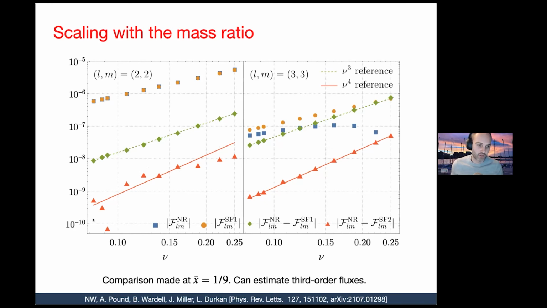But it looks like the residual scales approximately as you would expect. This is because of those small oscillations that are still present in numerical relativity simulations, and also because by subtracting off the first 2 self-force corrections, you're going down almost 3 orders of magnitude, and you're just approaching the noise error or the error in the numerical relativity simulations. So it looks like we do, from this, we think we capture all of the results up to nu cubed.